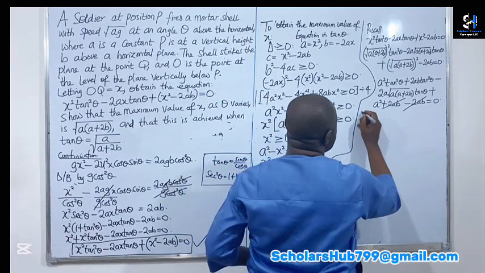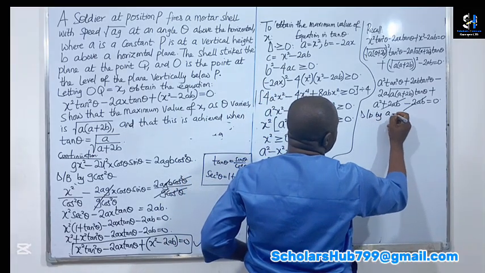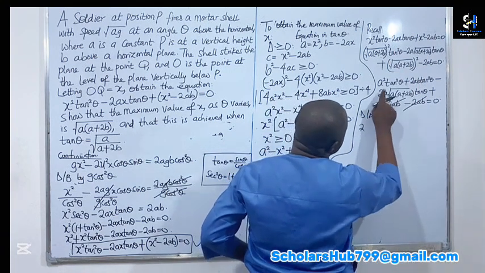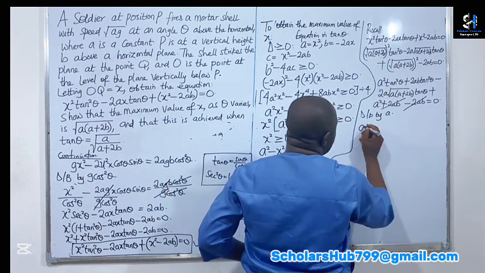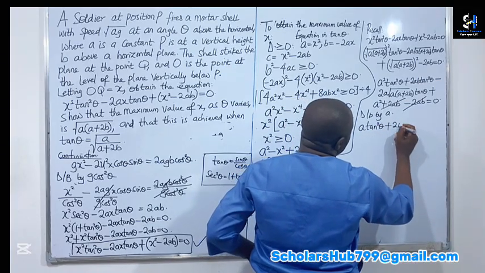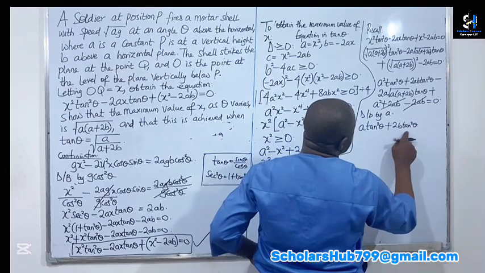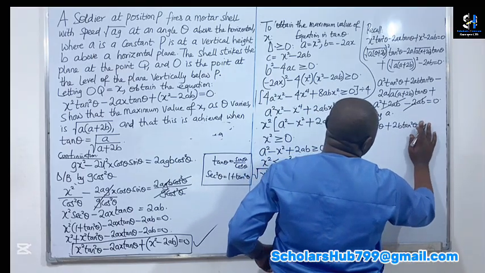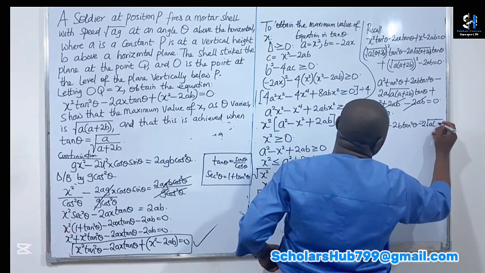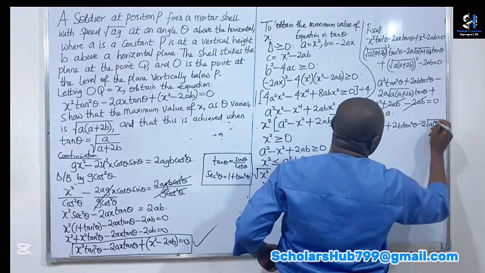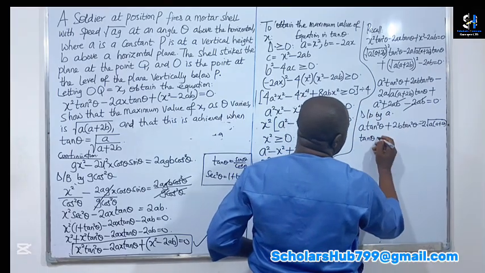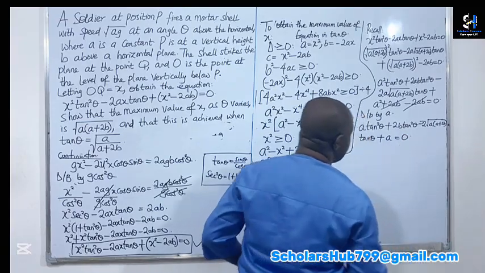So let's divide both sides by a. 2a squared divided by a will be 2a tan squared theta, plus 2b tan squared theta, minus 2 root a into a plus 2b tan theta, plus a equals to 0.